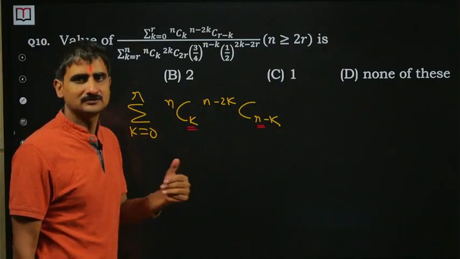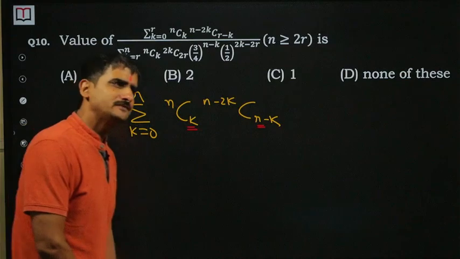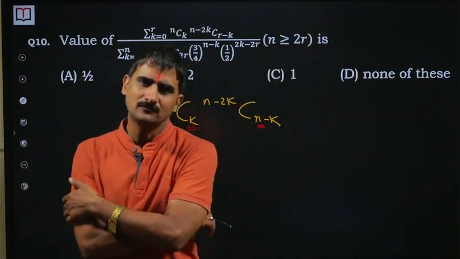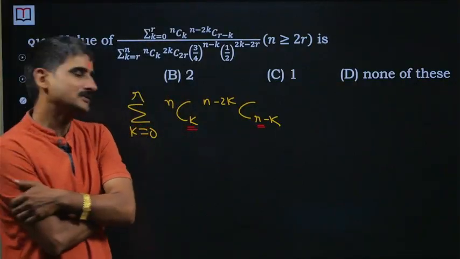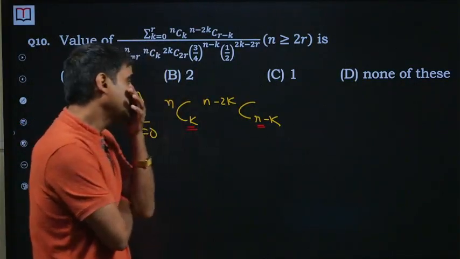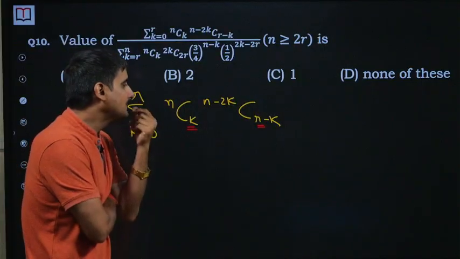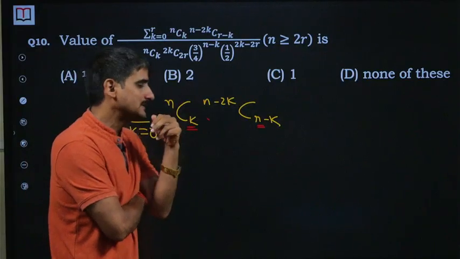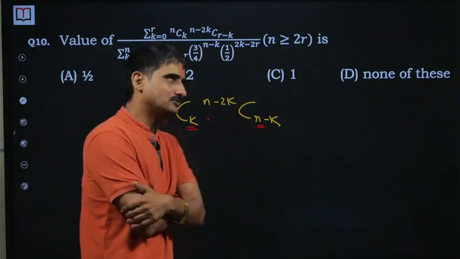So it's a constant. Whenever that happens, we go for getting the coefficient of x raised to the power r in the expansion. The only thing is how to write that binomial for which we get these as the terms of binomial coefficients.